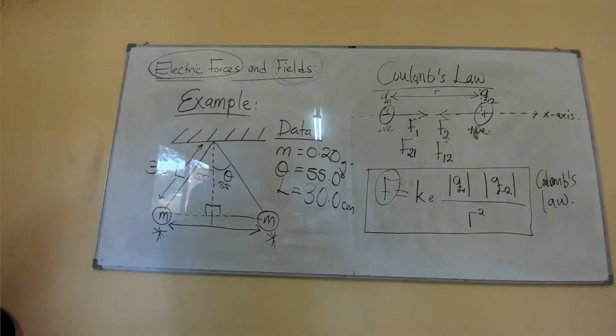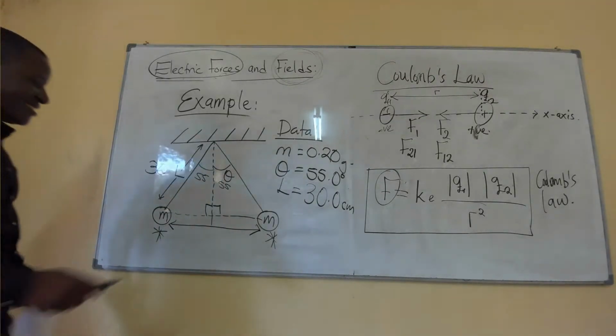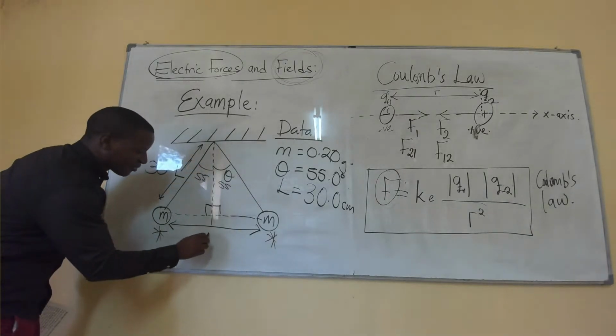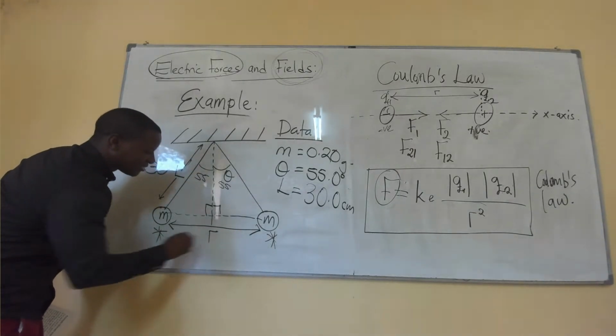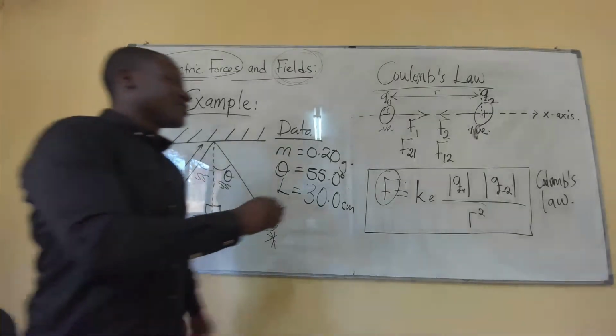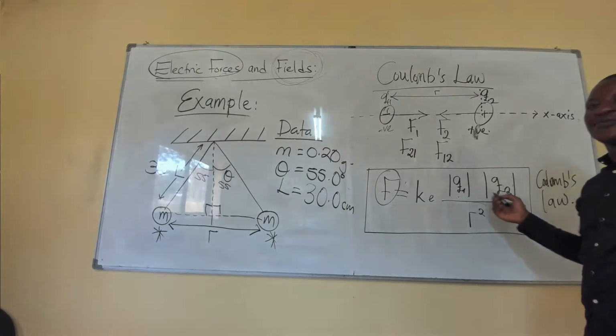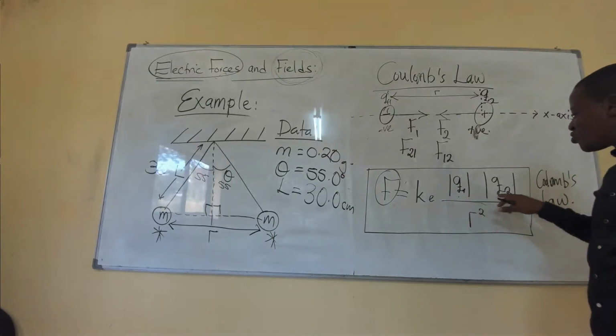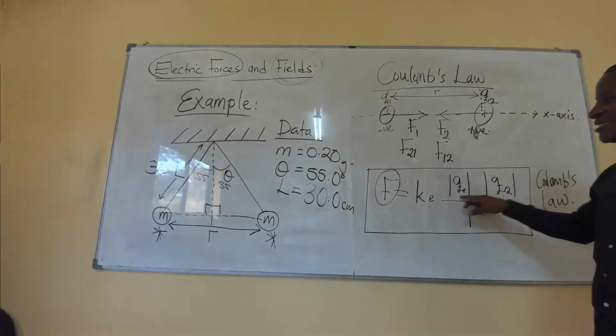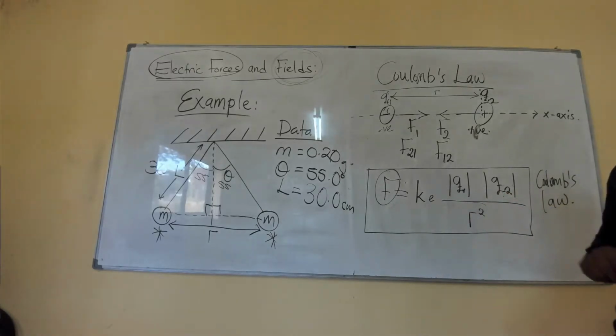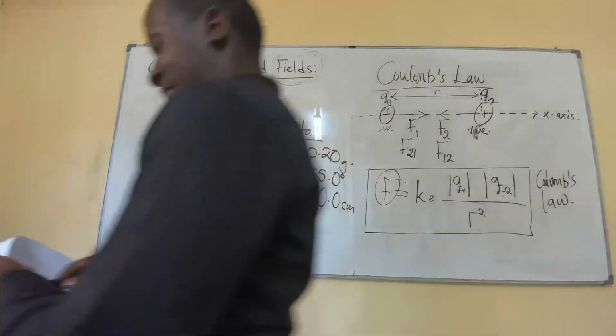So in other words, what we are trying to find here is the R. First of all, we need to find R. After we find R, from this equation that's when we will know the magnitude, because these two multiplied, combined, will give us what we need. Okay.